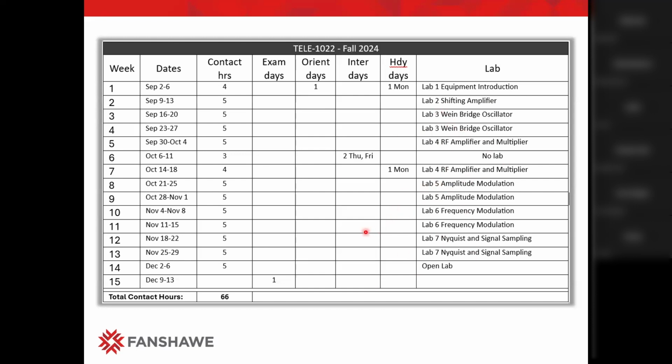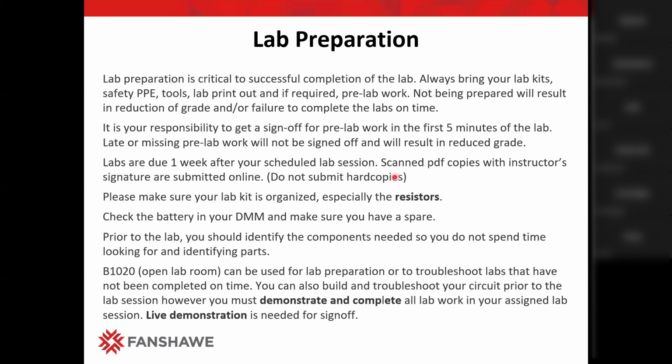Here is the roadmap to success. What page is that? It's the page that comes right after that page, and before that page. Lab preparation is critical to success. Always bring your lab kits, your PPE, tools, lab print, and if required, pre-lab work.